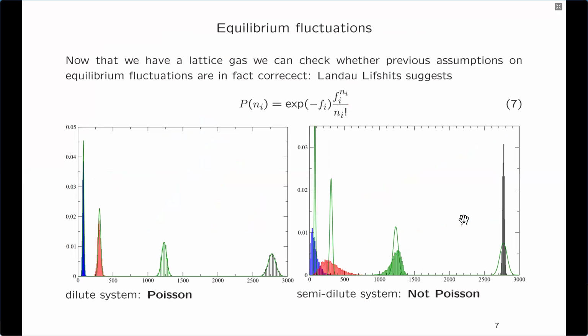And we looked at these distributions, even for these systems that don't even phase separate or do fancy stuff. If I make them a little denser, so for dilute systems, they look Poisson distributed, which is encouraging because that's what people always assumed. So for dilute systems, things that look more like ideal gases, you get ideal gas statistics, which is great. For denser systems, you kind of know that you don't, right?